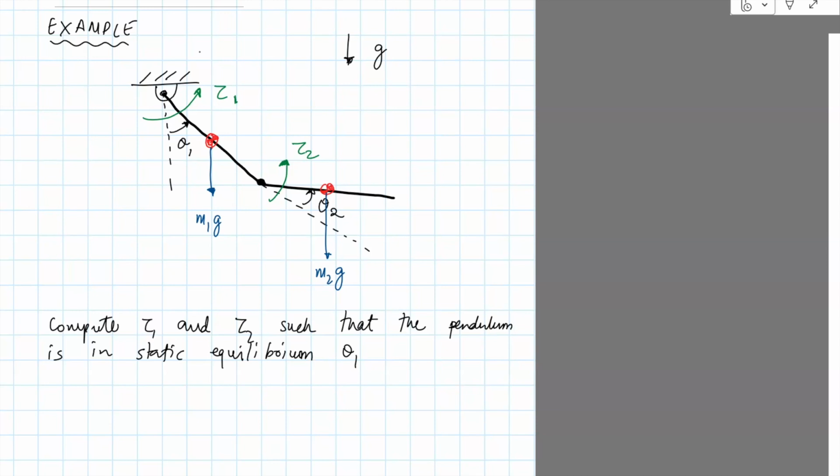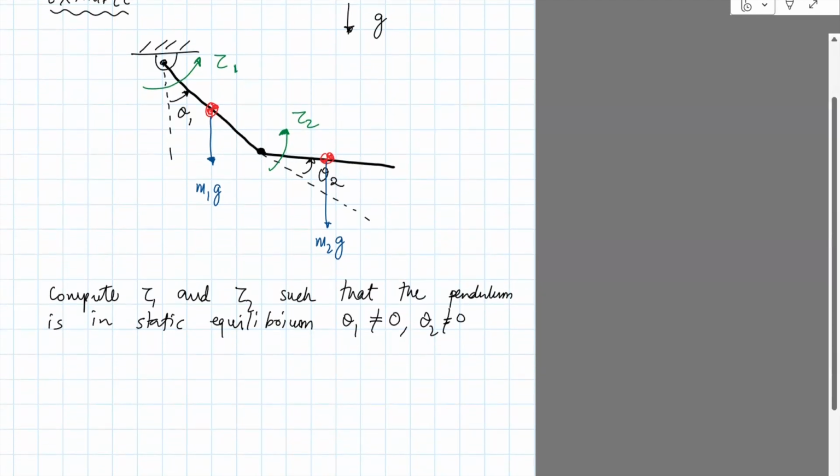So theta 1 and theta 2 are not equal to 0. It's some angle. In a problem you could specify theta 1 and theta 2 and do it for a numeric value, but we'll just do it symbolically, where we are trying to derive a general formula.